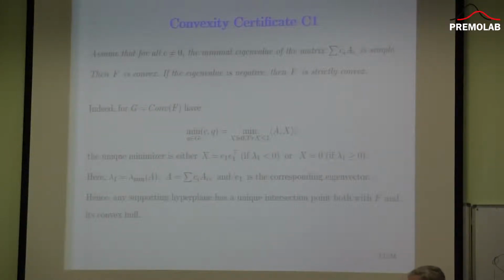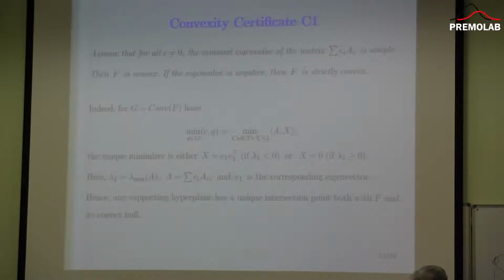It's very simple because, well, how it can be checked is just, if we minimize a linear function on our image, it is the same as minimizing the linear function on our convex hull, and if the solution is of rank 1, then we are done.